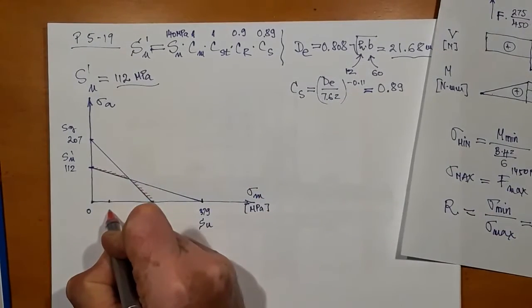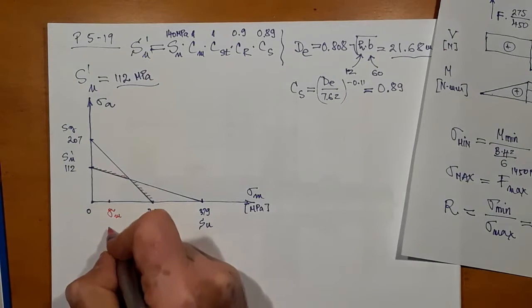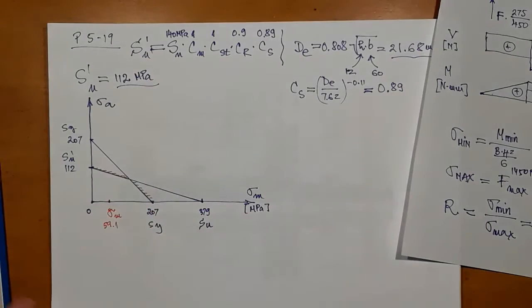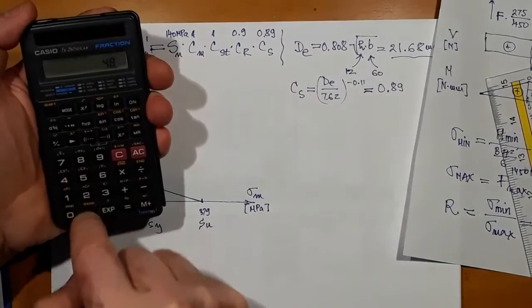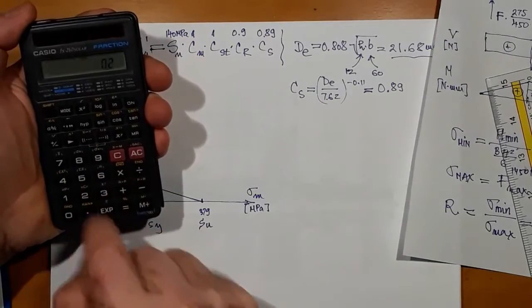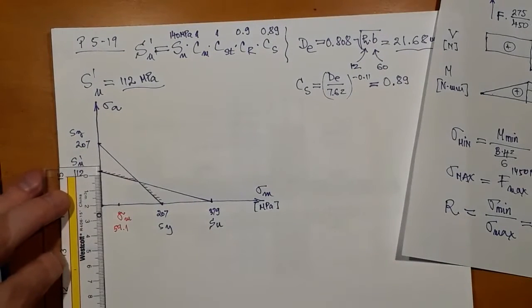So this is sigma mean, 59.1 megapascals, and then 48.65 times 0.2 is 9.73, almost 10.